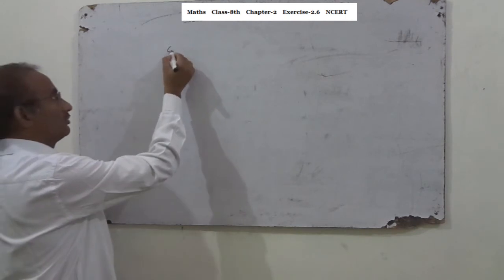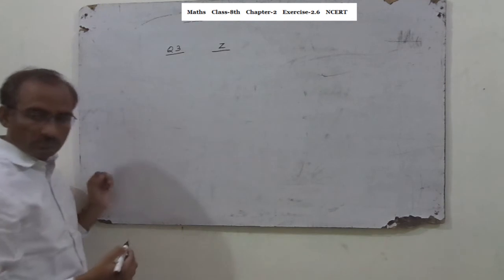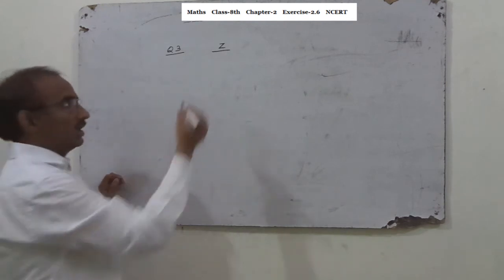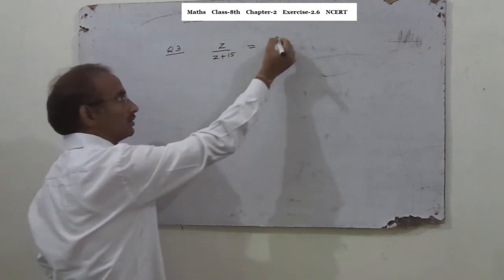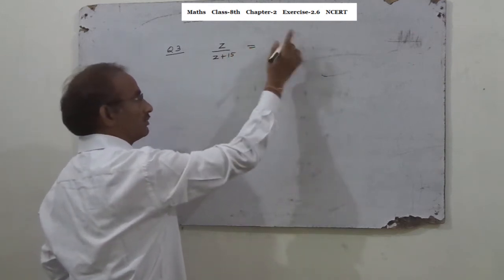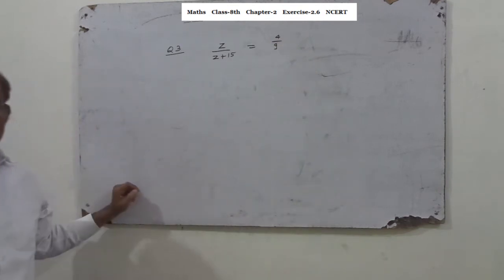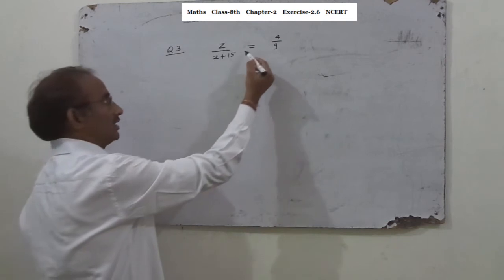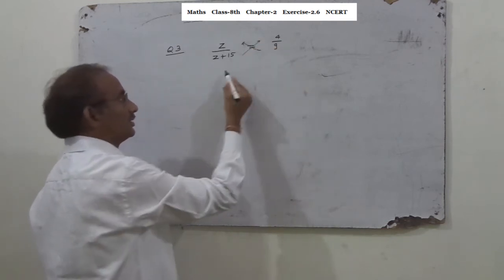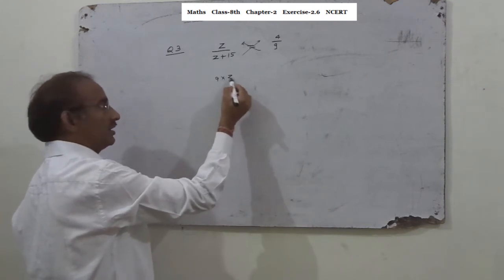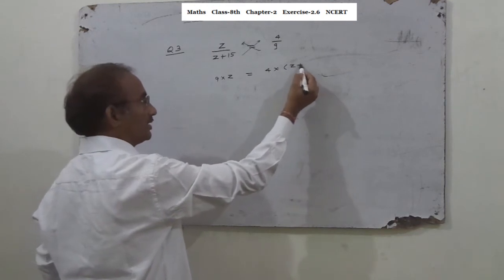Now come to the question number 3. It is z upon z plus 15 equal 4 upon 9. So using the cross multiplication method, we get 9 is multiplied with z and 4 is multiplied with z plus 15.